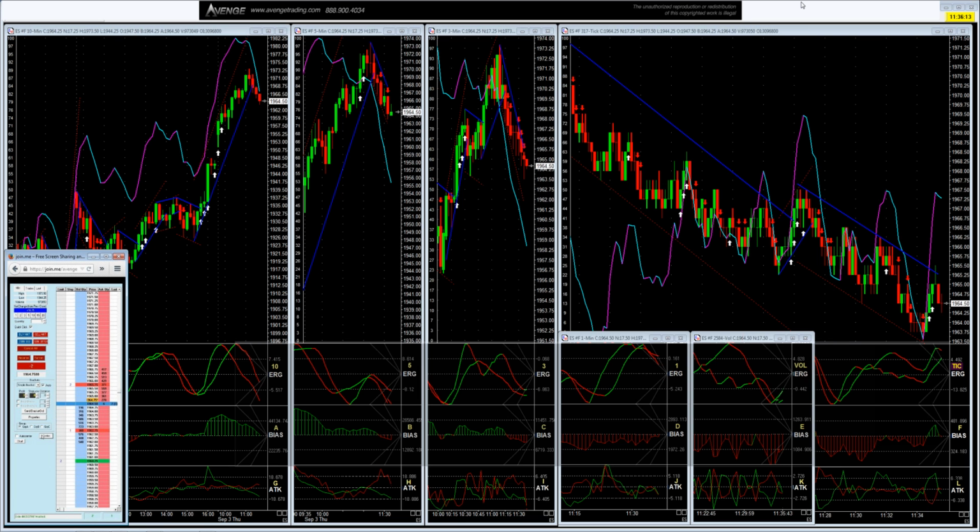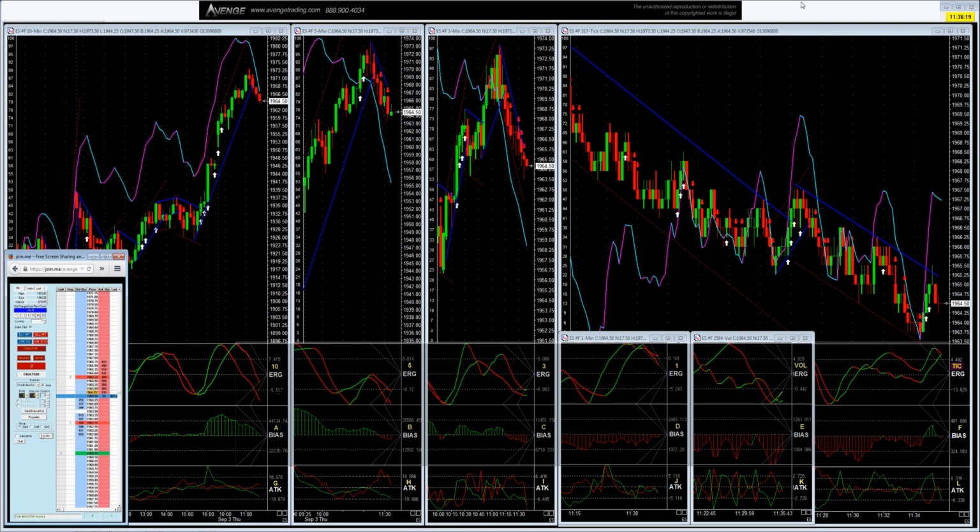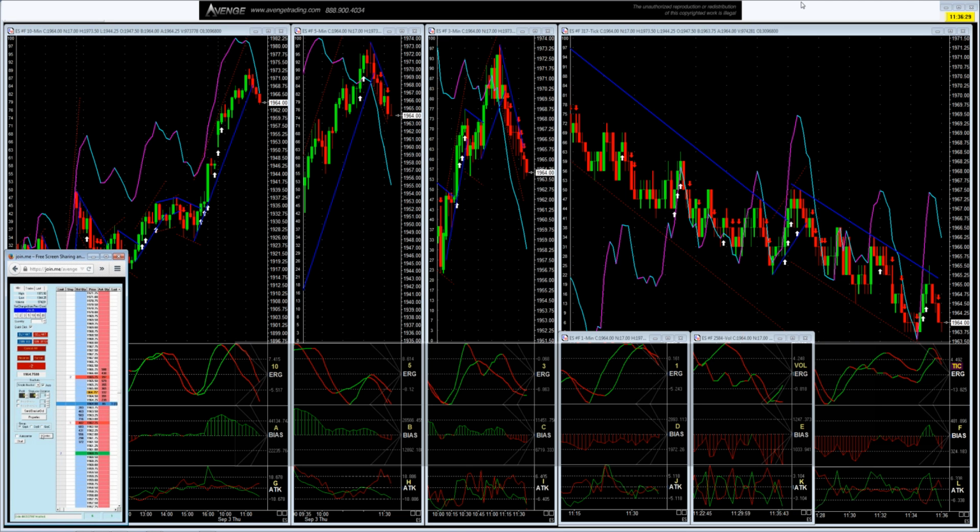Again, that was a pullback for another 10.5 opportunity if there is another red arrow that comes in. Here's another red arrow.